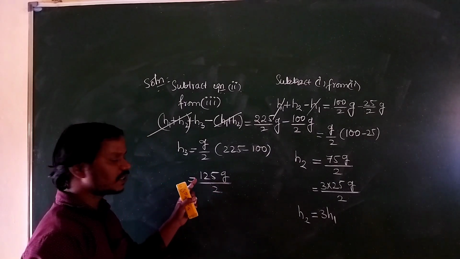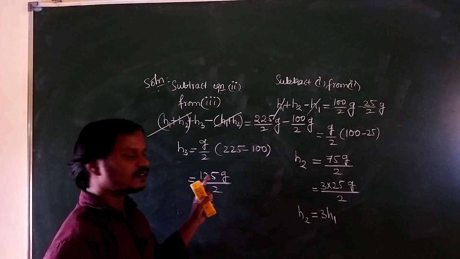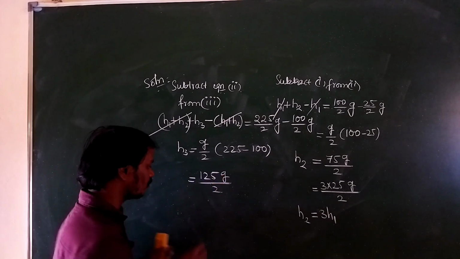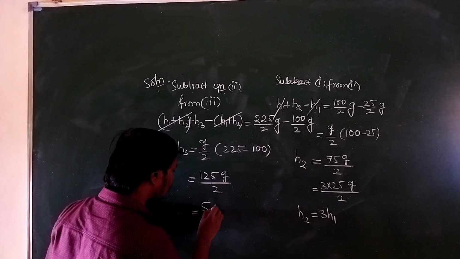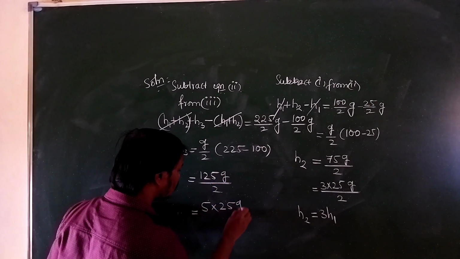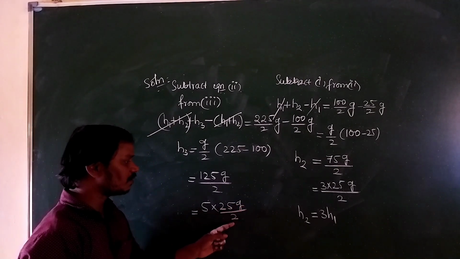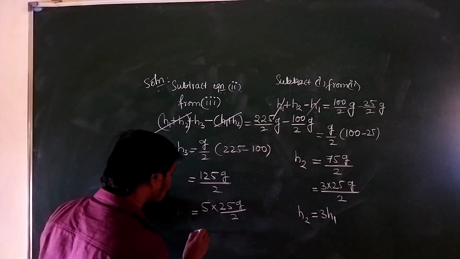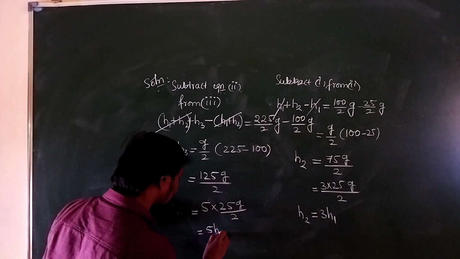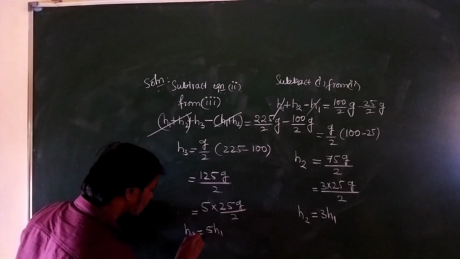So this can be written as 5 into 25 g by 2. Now what is 25 into g by 2? That is again h1 from equation 1. Yes, it is 5h1. So this is h3.